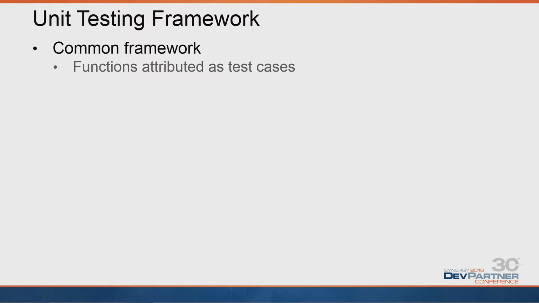So before I get into the demo part, let me talk a little more about what makes up a unit test framework. We call it a framework, you can call it a project, you can call it whatever, but there are some key aspects of what a unit test should be. First of all, there have to be functions, methods that actually perform the tests themselves.